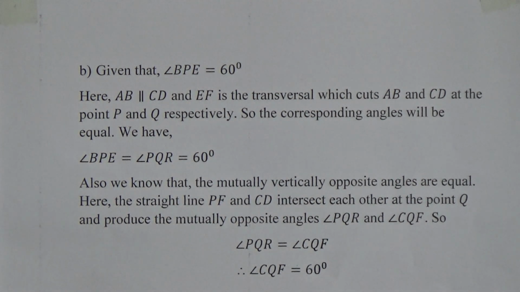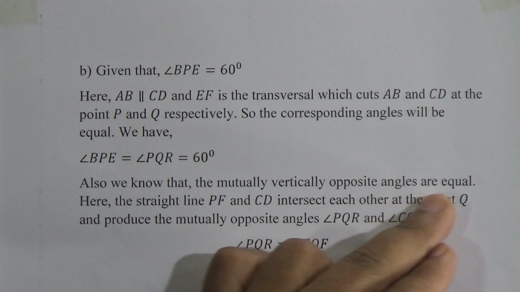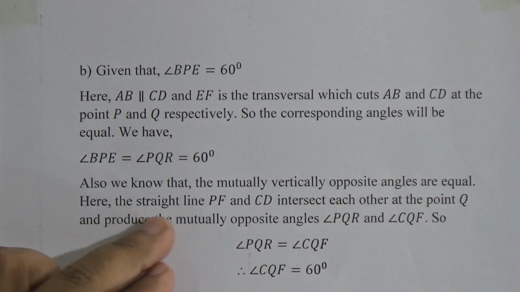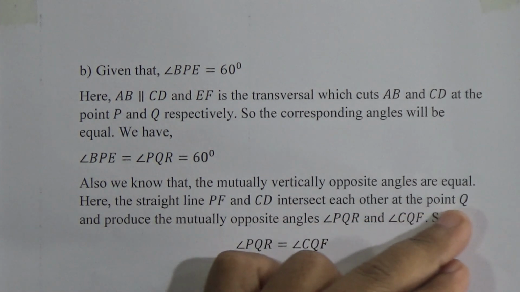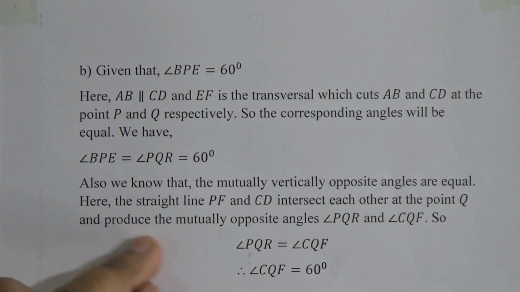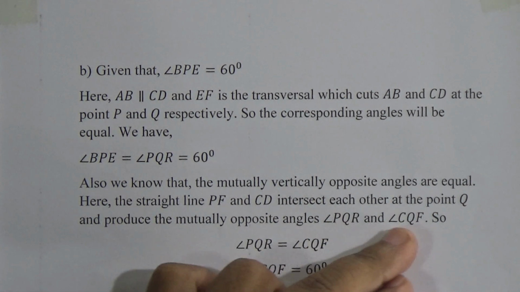Now we also know that vertically opposite angles are equal. Here the straight lines PF and CD intersect each other at the point Q and produce the vertically opposite angles PQR and CQF.